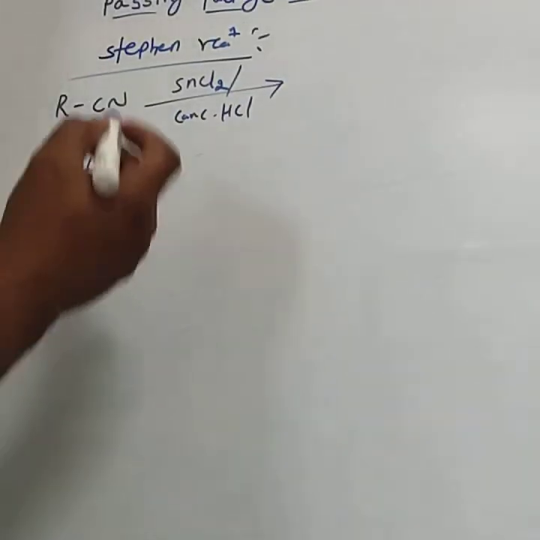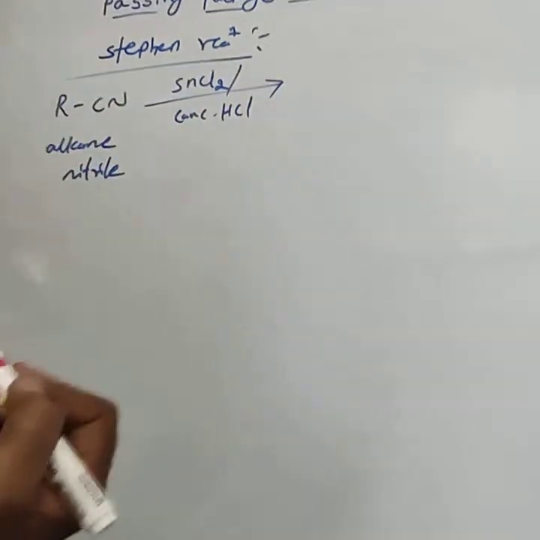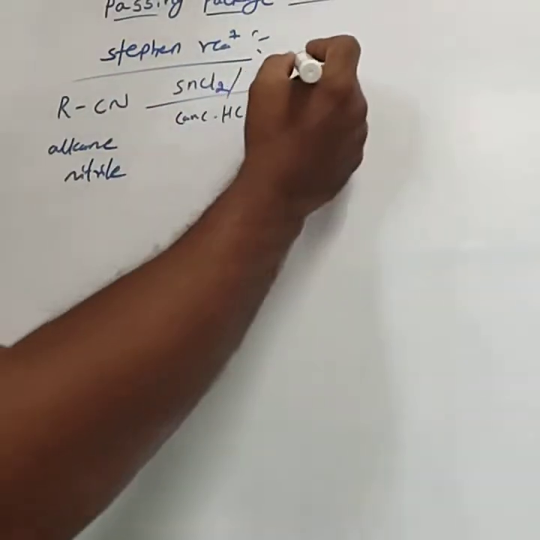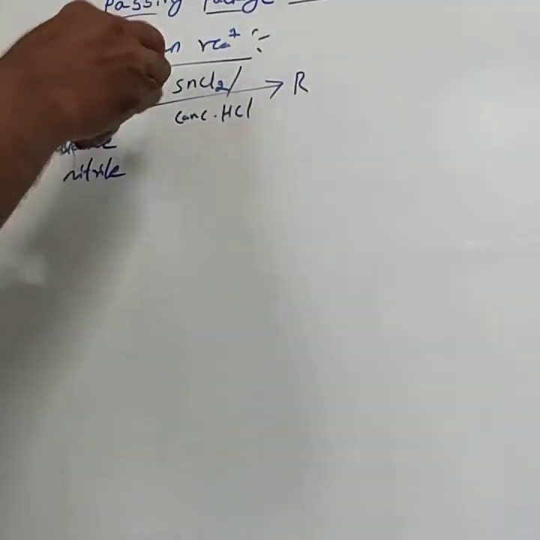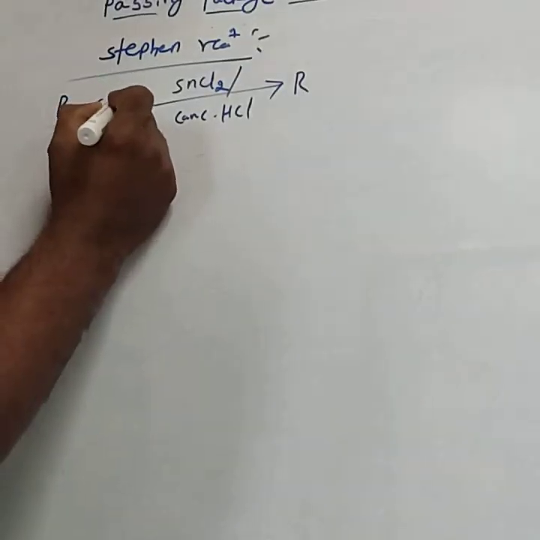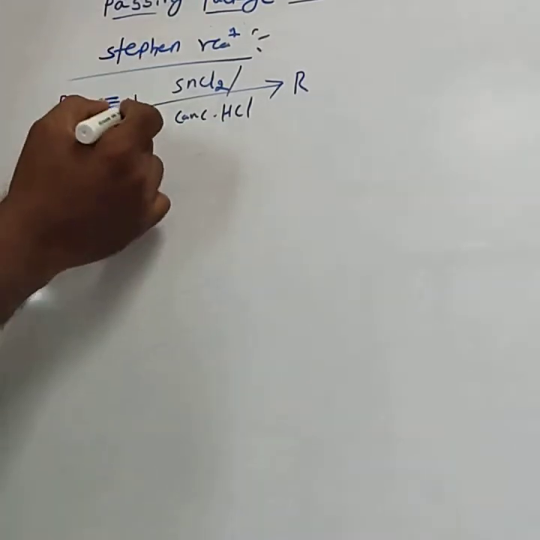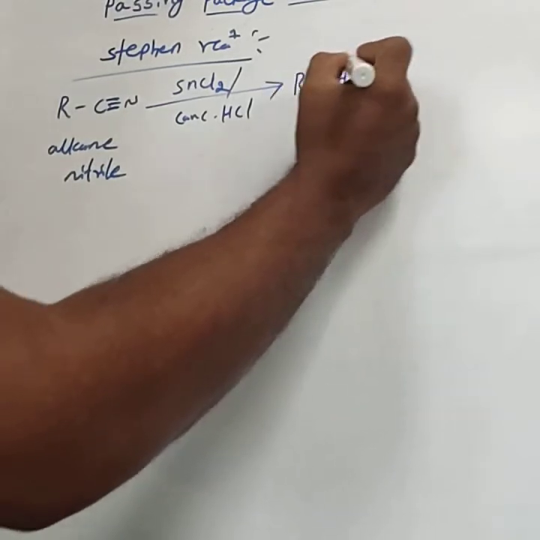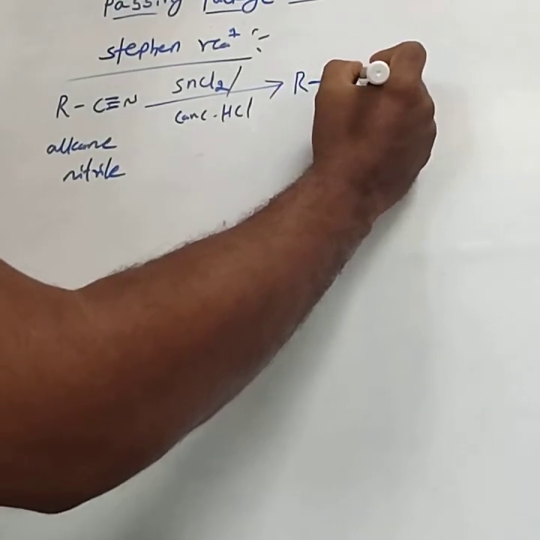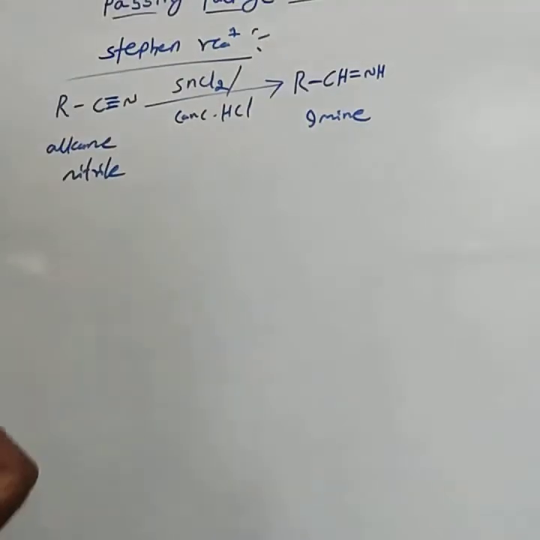Alkane nitrile on reduction by using stannous chloride in concentrated HCl gives the corresponding imine. You can write this nitrile as RC triple bond N, which on reduction gives the corresponding imine, RCH double bond NH.